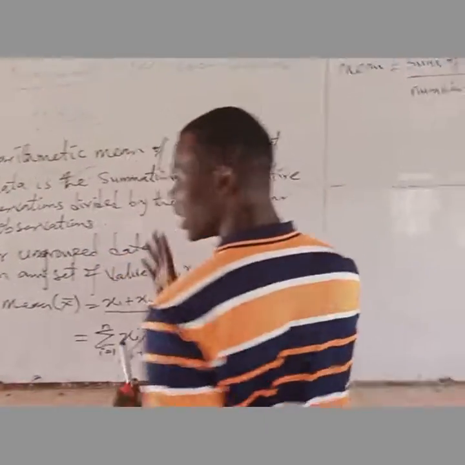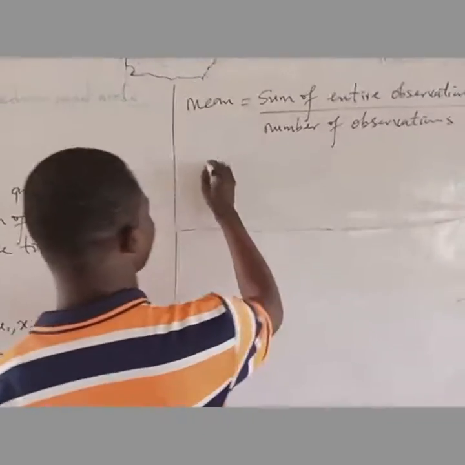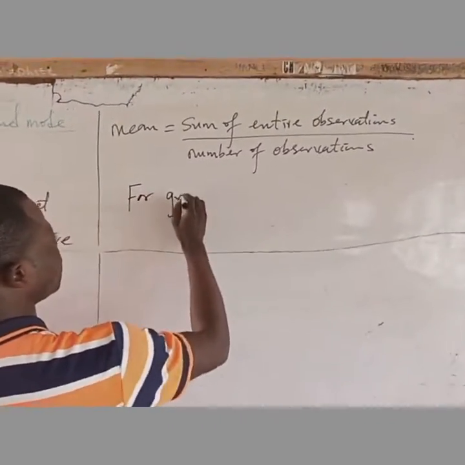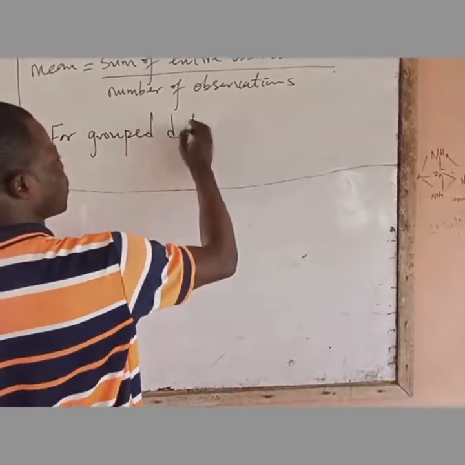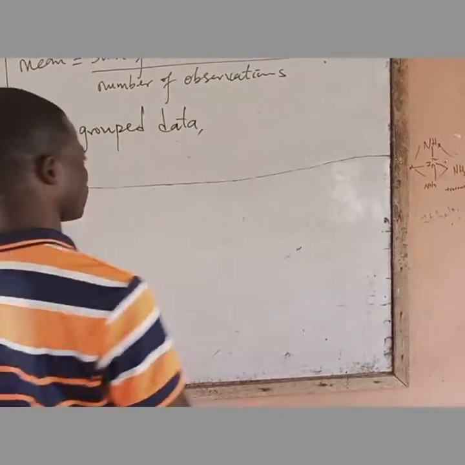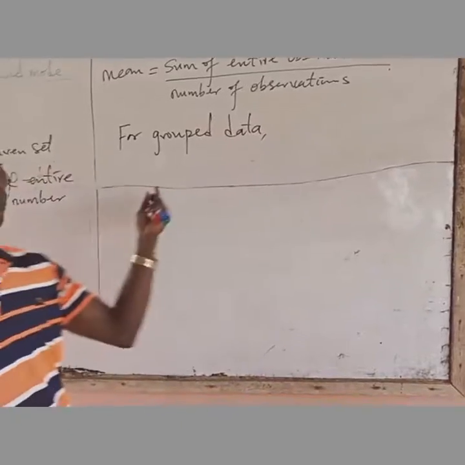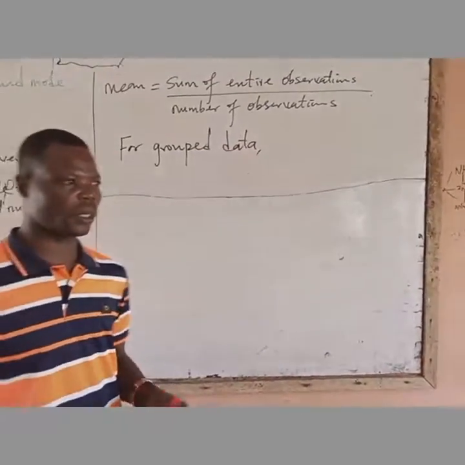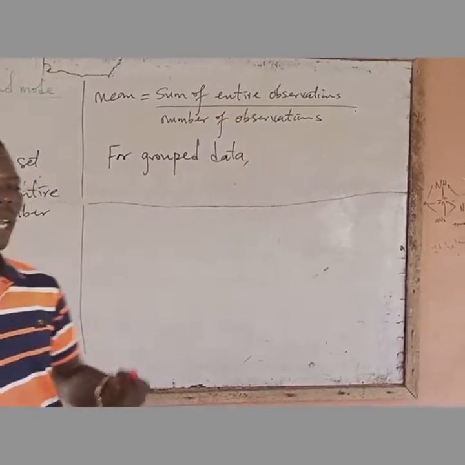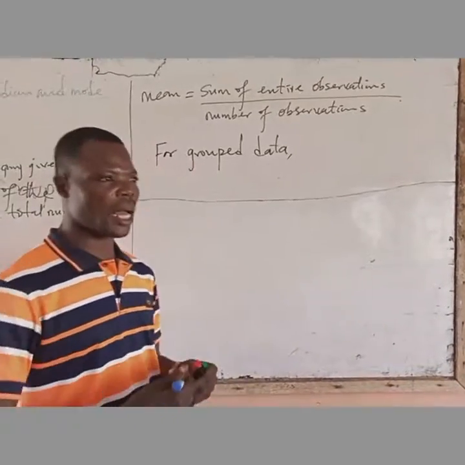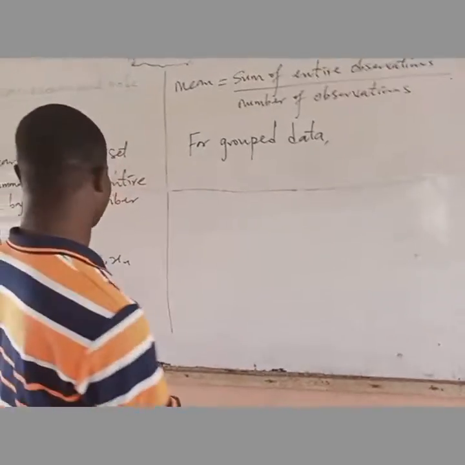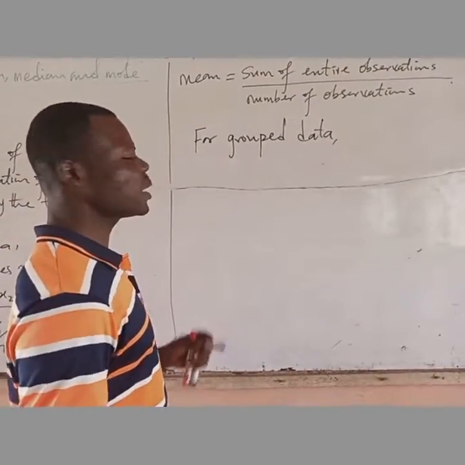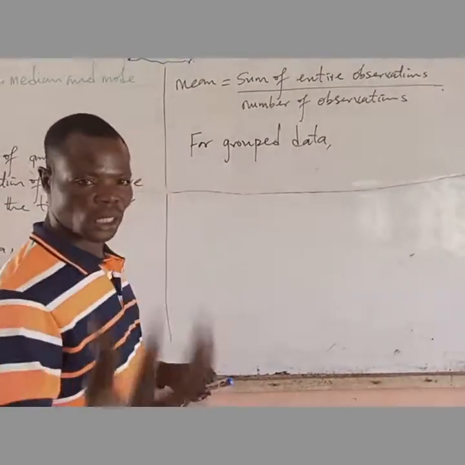But for grouped data, here frequency will be involved. If we are given any grouped data, there will be frequency. So when there is frequency, the formula for calculating the mean will actually change.